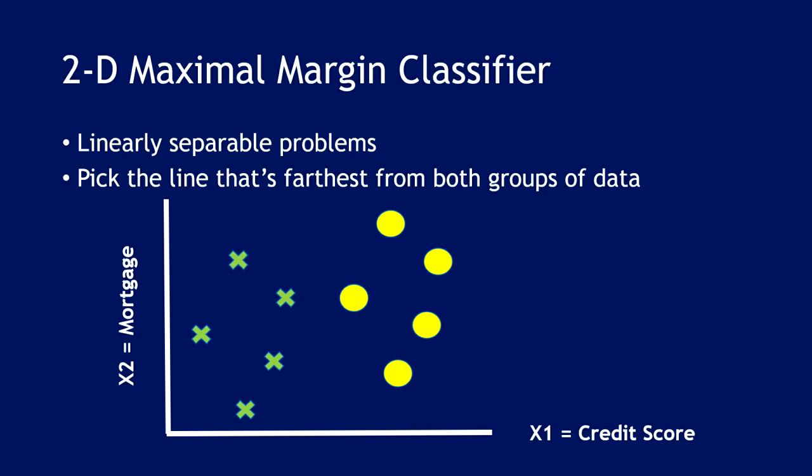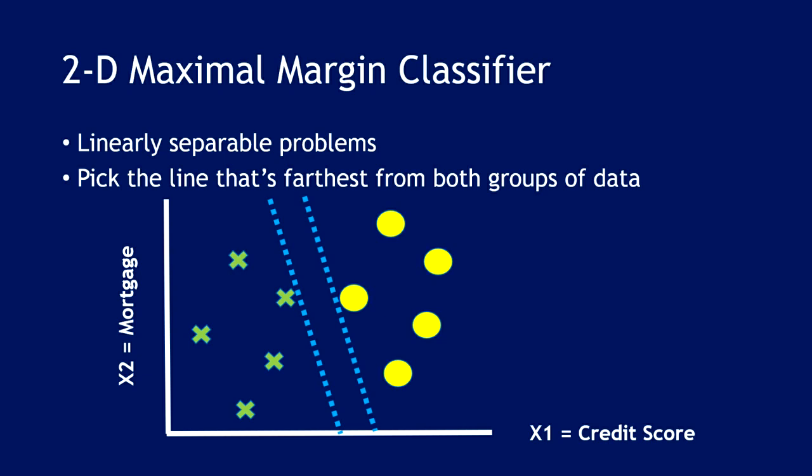Now let's go back and look at a two-dimensional maximal margin classifier. So now we have the y values distributed across two x dimensions. Again, we're looking at a linearly separable problem, and we want to find a line that is far away from both groups of data. So what you want to do is find some support vectors.